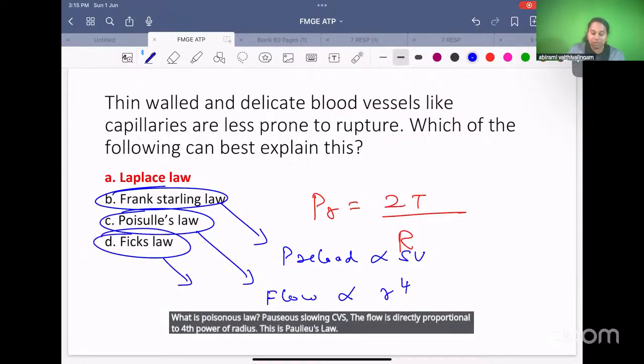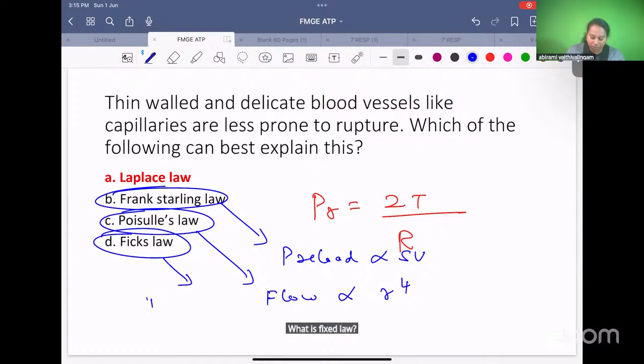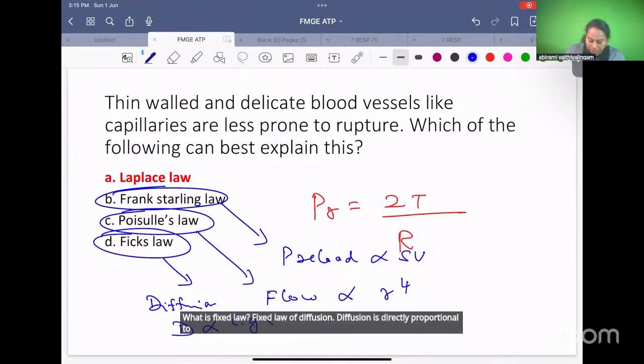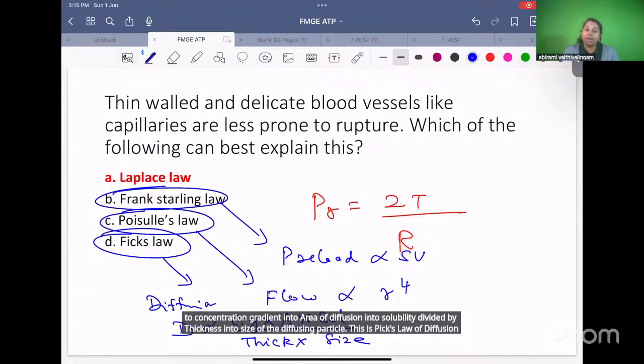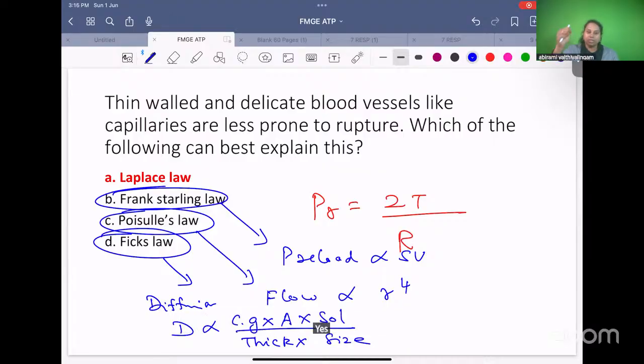What is Fick's law of diffusion? Diffusion is directly proportional to concentration gradient into area of diffusion into solubility, divided by thickness into size of the diffusing particle. This is Fick's law of diffusion. And we also have Fick's principle for cardiac output. So the answer to this question is Laplace law.